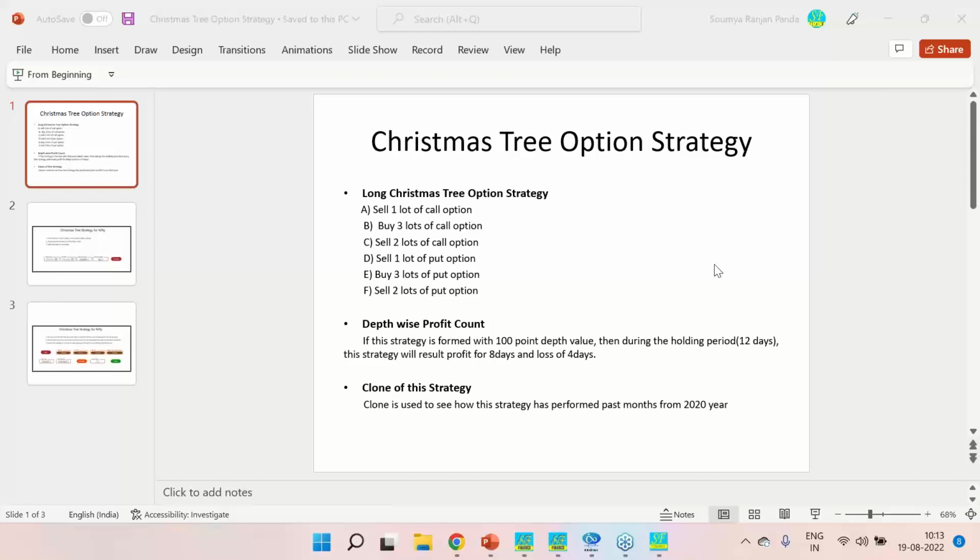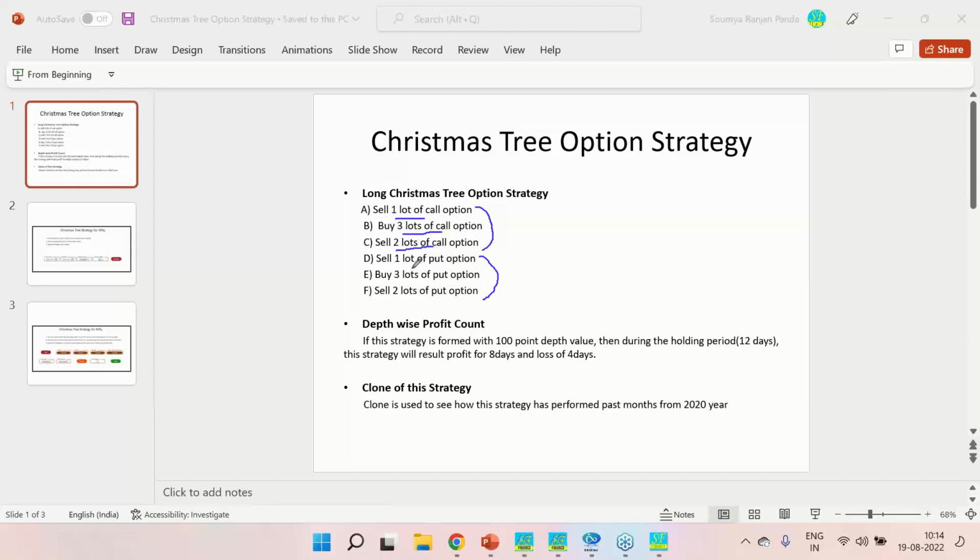These are of two types: short Christmas tree option strategy, and the second one is long Christmas tree option strategy. So we're going to see the long Christmas tree option strategy today. In this we want to make 6 trades. In the call option 3 trades and in the put option 3 trades. In the call option, sell one lot, the second trade is buying 3 lots, and the third trade is selling 2 lots.